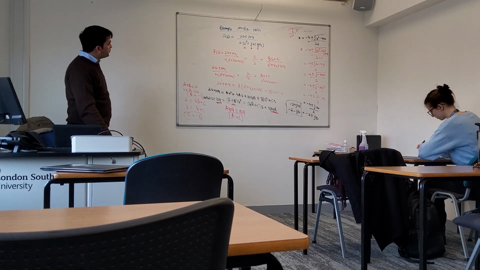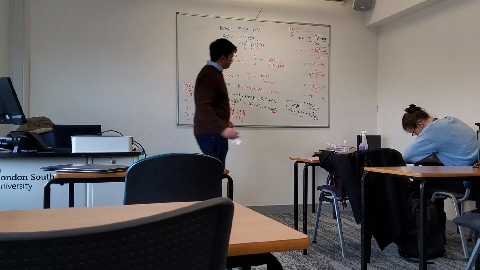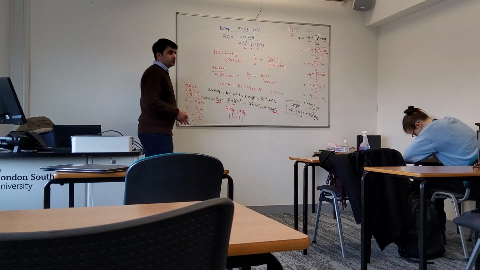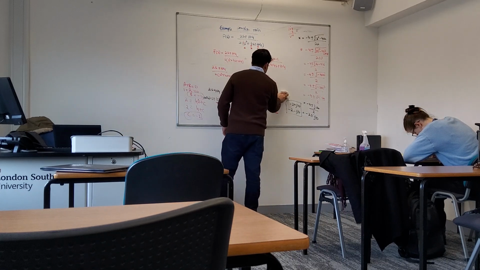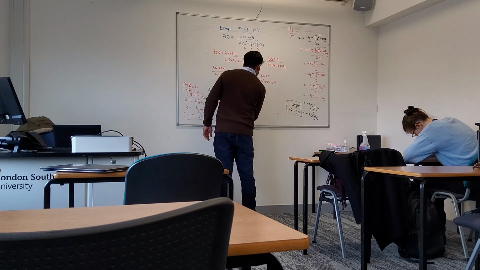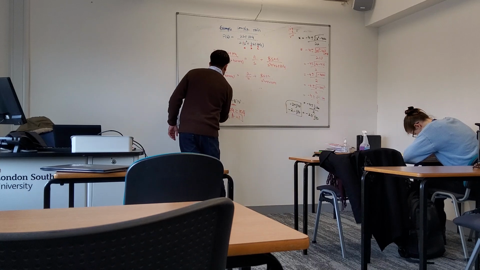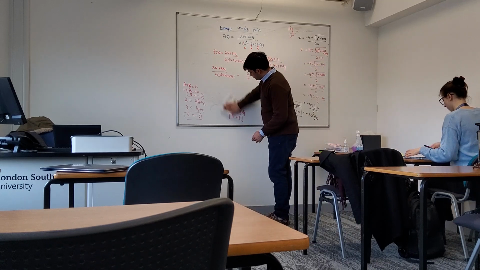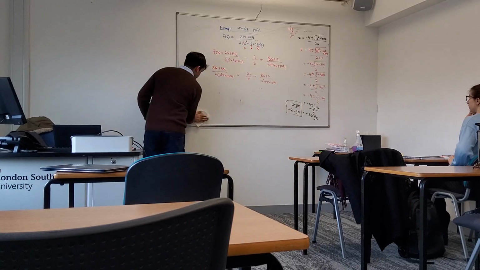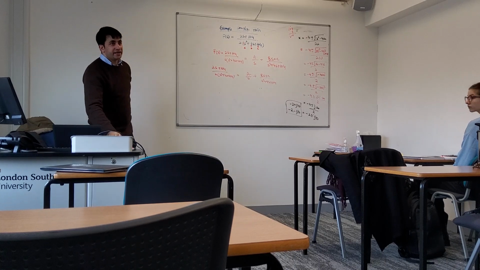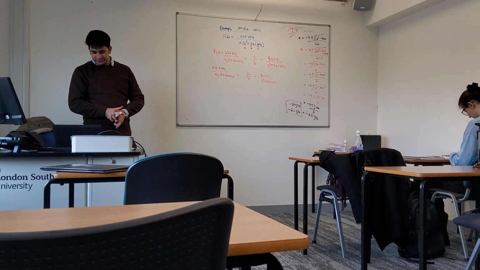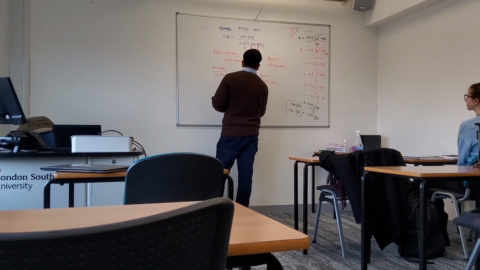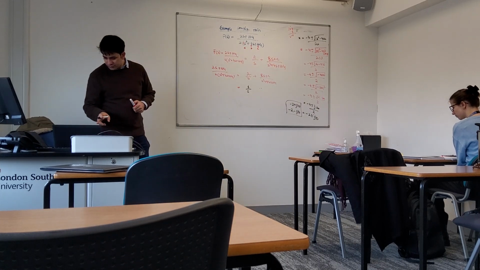So now we have A, B, and C. So we can write this equation as 1 divided by s, because A was 1.